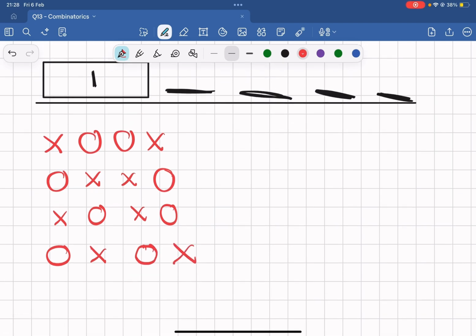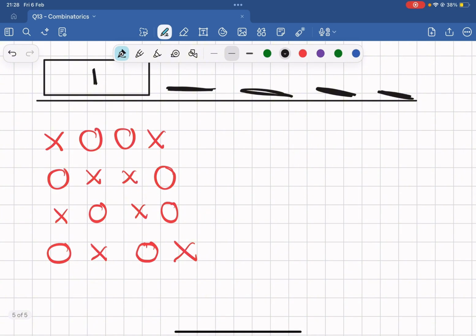Now, we need to be careful here because we haven't actually labelled which husband and which wife are which. So let's take the first case. We've got wife, husband, husband, wife. We need to make sure that these two are not the same number, and these two are not the same number.